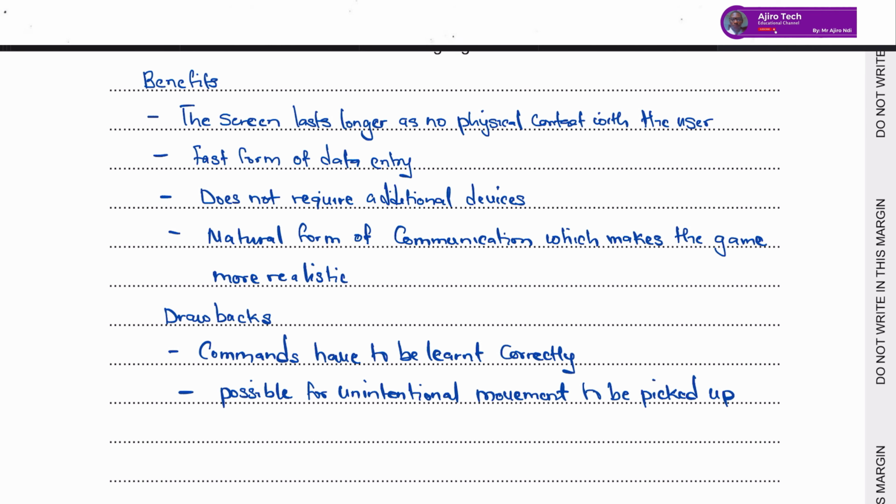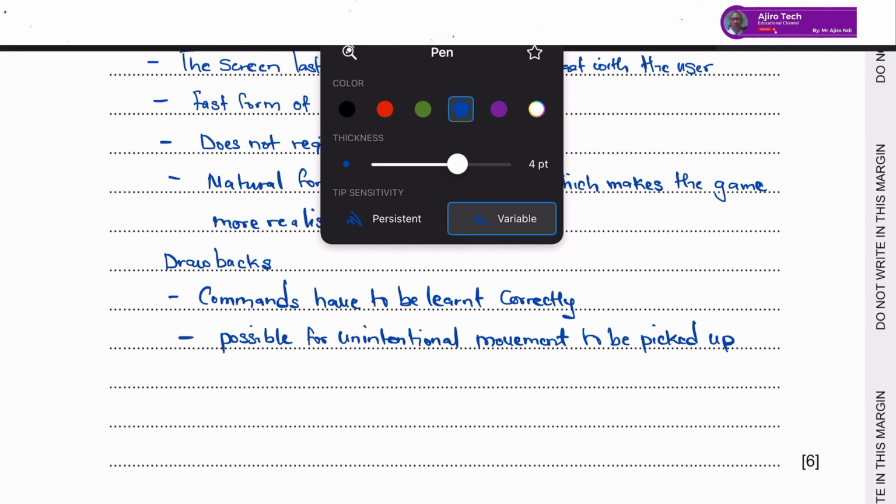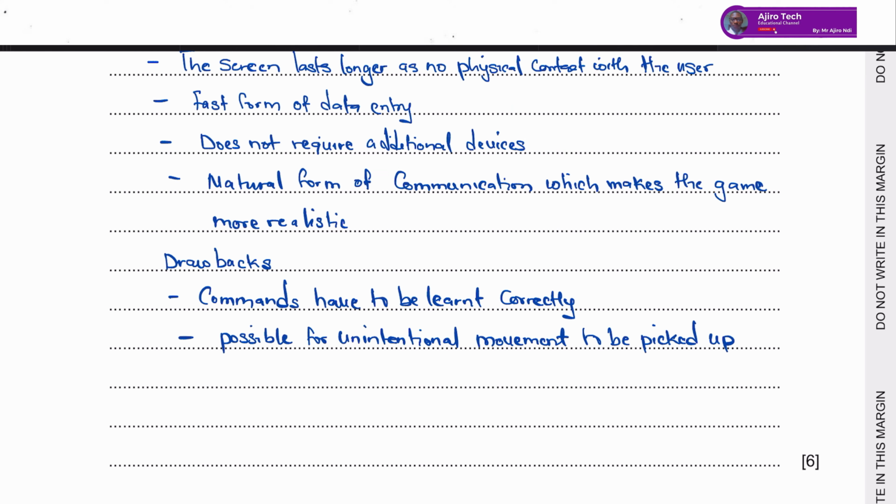Okay, I think we've talked about 6. Let's talk about others. It uses more processing power. It causes fatigue.